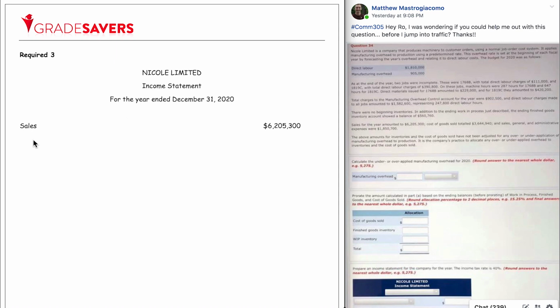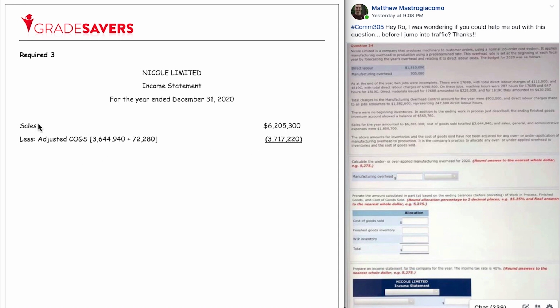From our sales, we deduct, or less, the adjusted cost of goods sold. So in this example, we were offered our cost of goods sold, and we have prorated in required 2 the amount of underapplied MOH that should be added to this value. So if I add up those two values, I get my adjusted cost of goods sold.